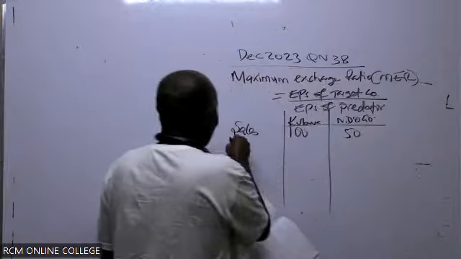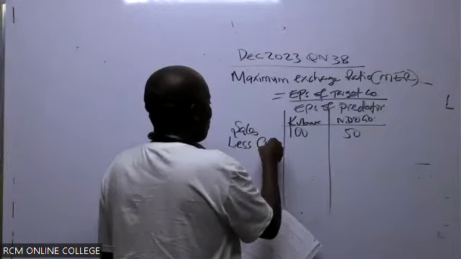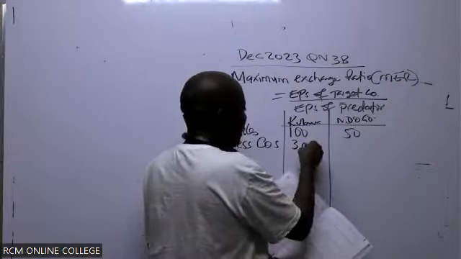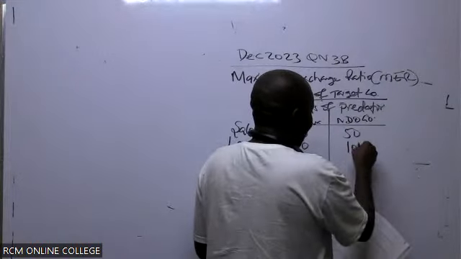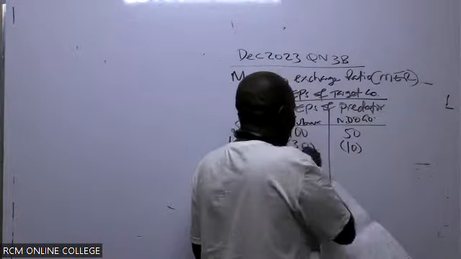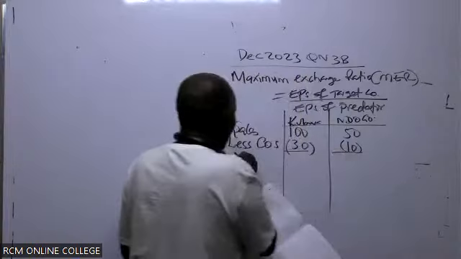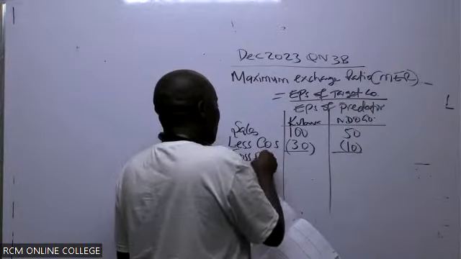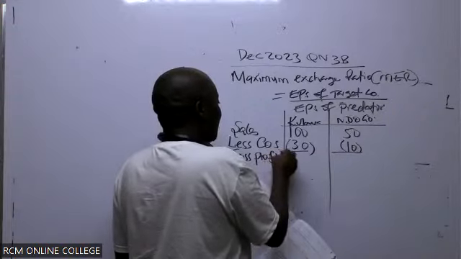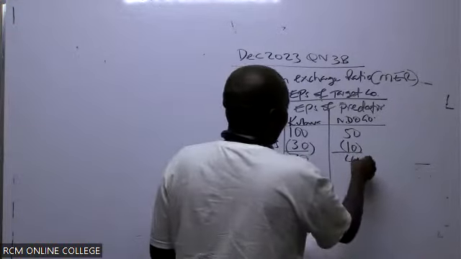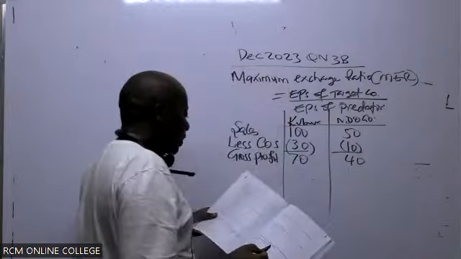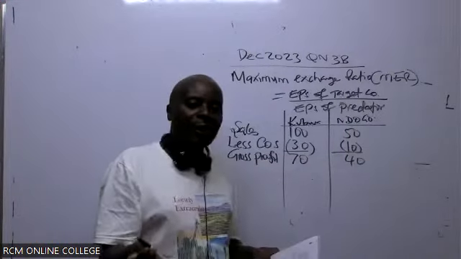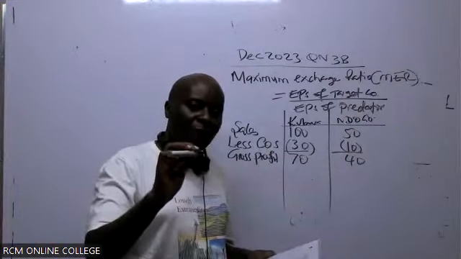Less cost of sales of 30 and 10. I could take a shortcut, but for the sake of it, gross profit here will be 70, and here 40.